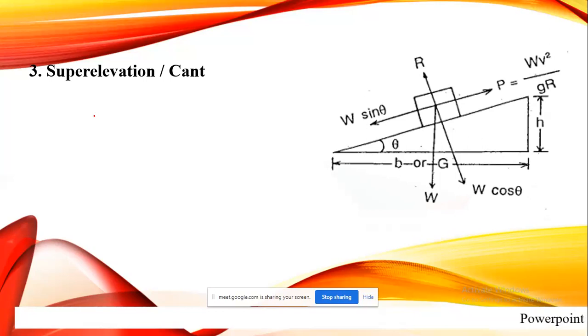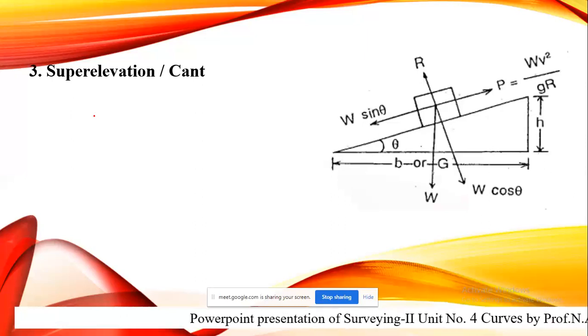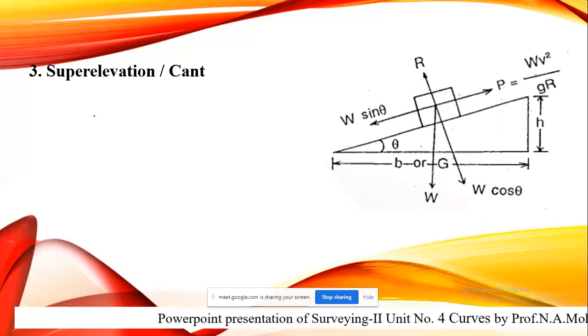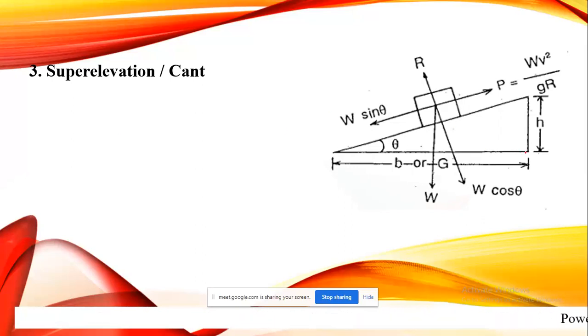In such a case, we do not have any counter force or component force to balance it. So for that purpose, we raise the outer side of the road to a certain extent with respect to the inner edge.